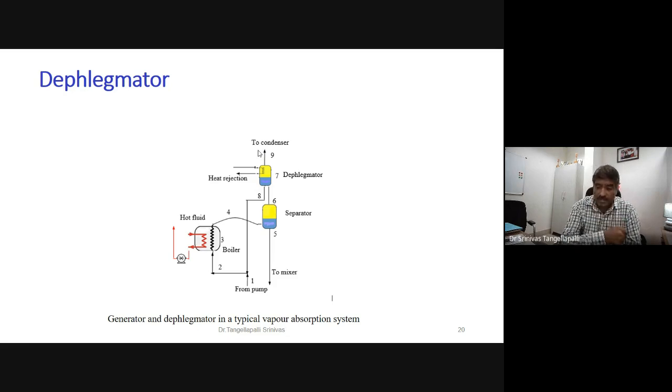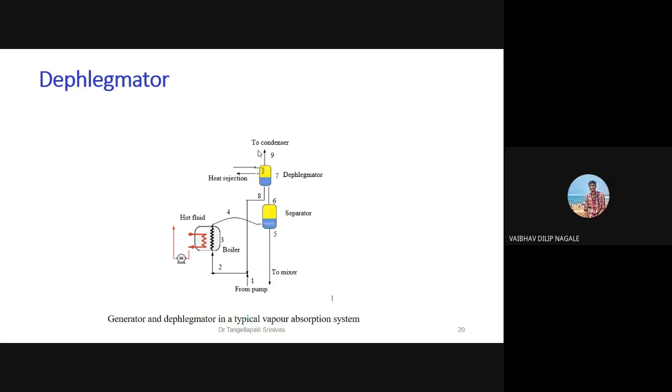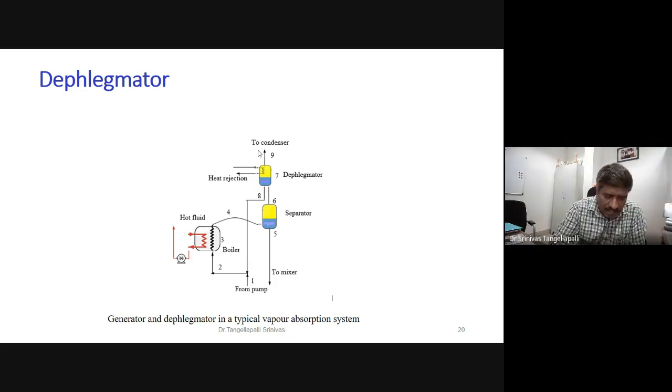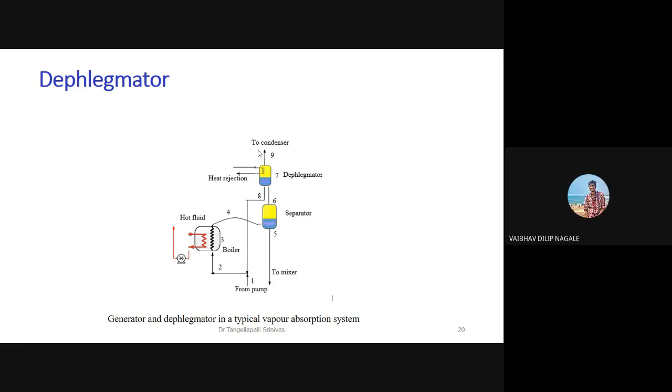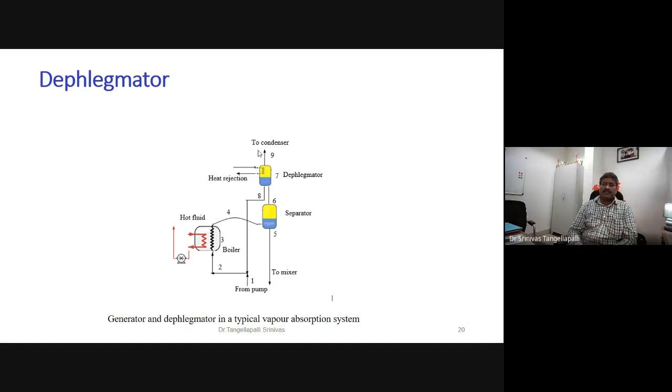What is the maximum limit of concentration after the dephlegmator, at state 9, before supplying to the evaporator? Ammonia. Yes, ammonia concentration, x equals 1. Very good, x is equal to 1. Excellent.